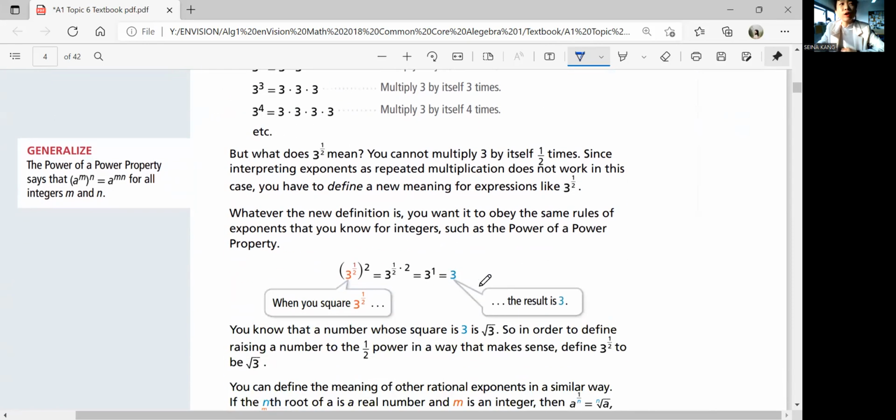You're not going to define some crazy rule. You're going to follow the same rules of exponents, like the power of a power property. So use the power of a power property.